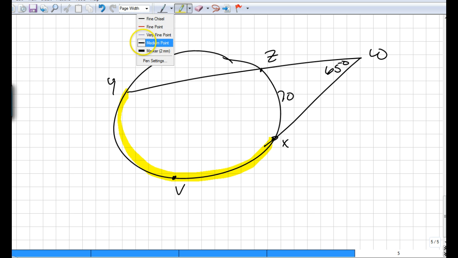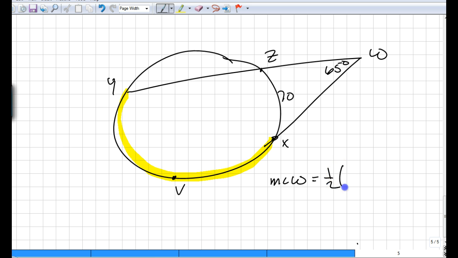Well, angle W is outside the circle, so measure of angle W is equal to half the measure of arc YVX minus the measure of arc ZX.